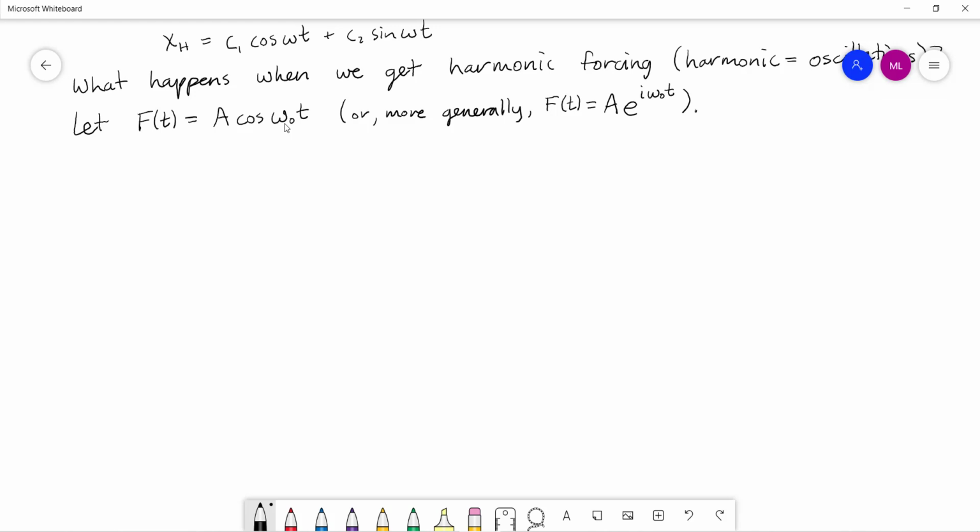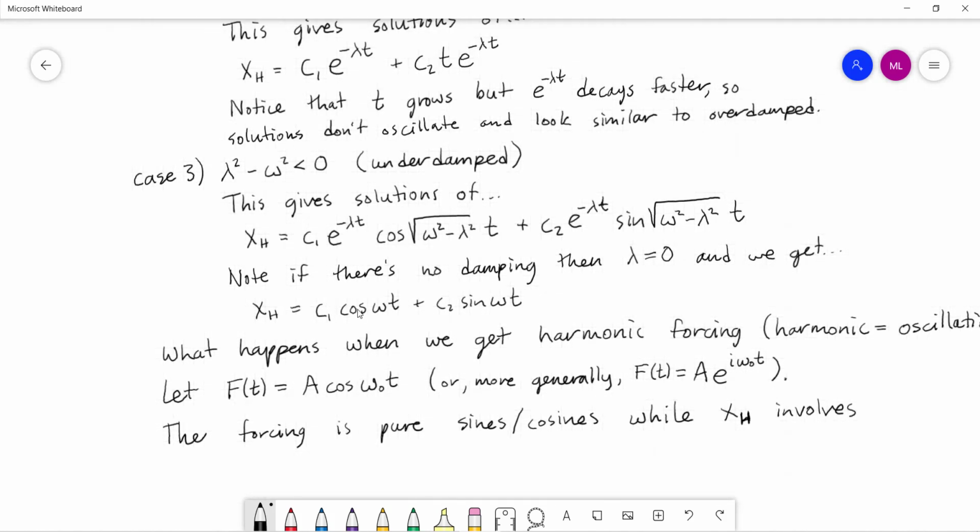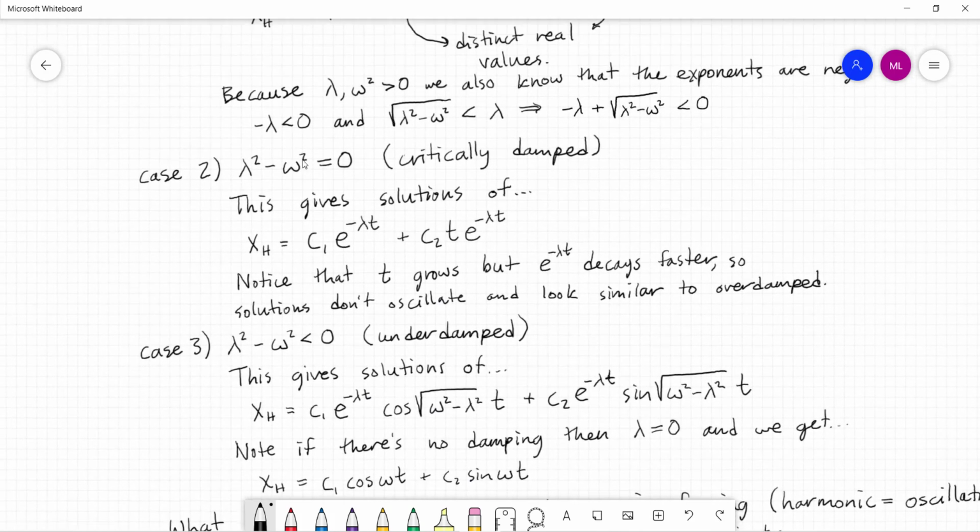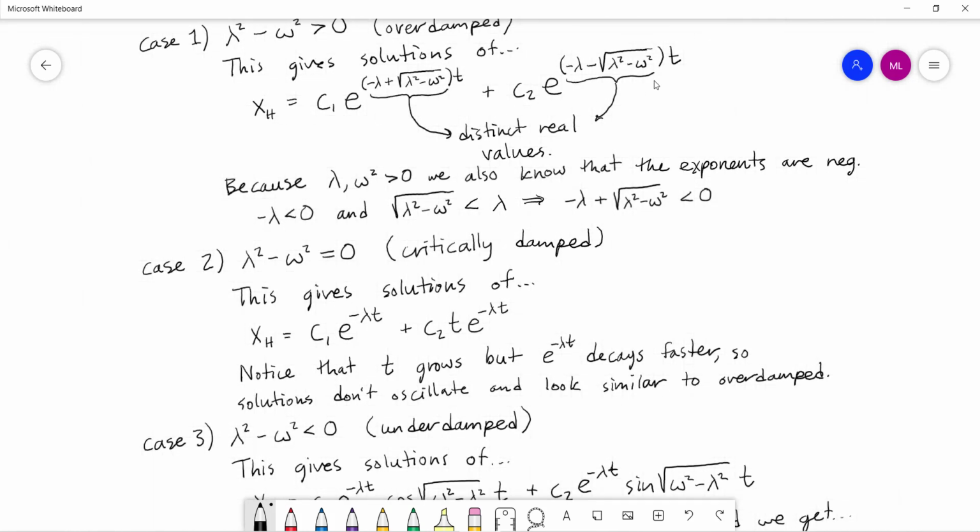We know that the forcing is pure sines and cosines, while the homogeneous solution, x sub h, involves, depending on the situation that we saw above, it can take any one of these forms. It could look like this, it could look like this, it could look like this, or it could look like this, depending, again, on the values of lambda and omega.